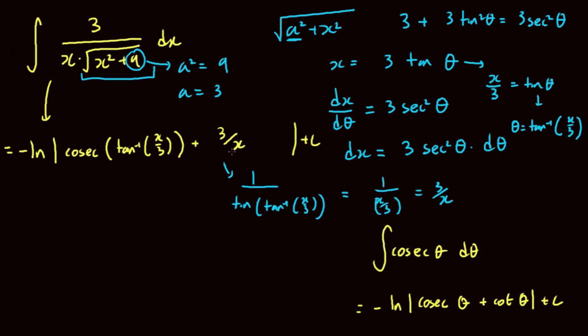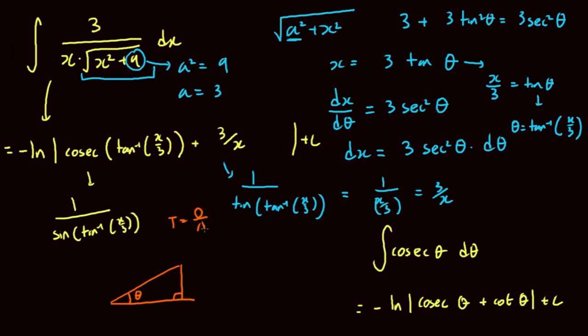And for cosec, let's see, cosec is basically 1 over sine, isn't it? It's just simply 1 over sine of tan inverse x over 3. And here's the thing actually, if we imagine a right triangle like this, and we have a theta, and it's a right angle triangle. So we know that tan is basically TOA, so tan is just simply opposite over adjacent. So our opposite is x, our adjacent is 3. And what is this?